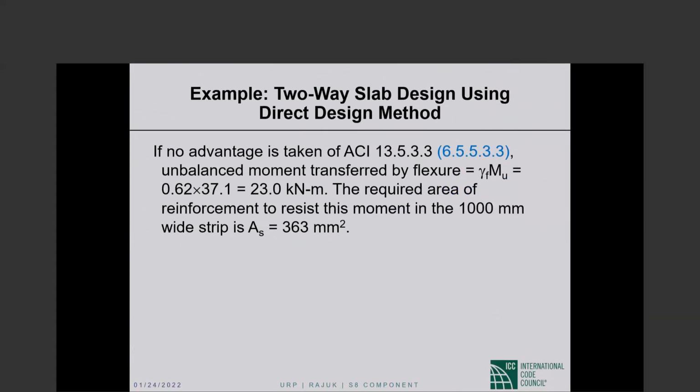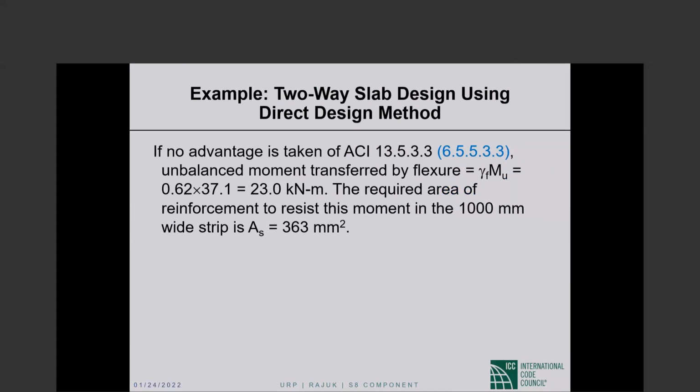Remember, I mentioned that flexibility that ACI 318 provides. My friend Jacob Grossman spent, back in the early to mid 80s, you would not believe how much effort to get this into ACI 318.